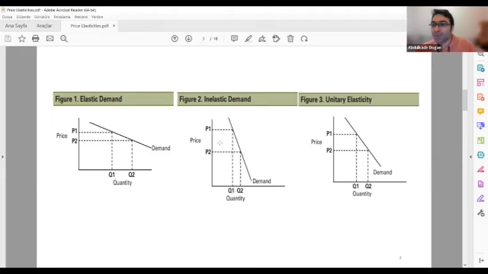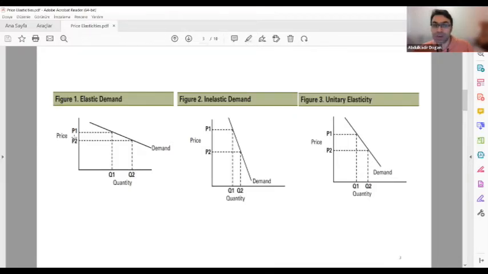For instance, please look at the left-hand side graph. If the price of this product is 3, you are demanding 12.